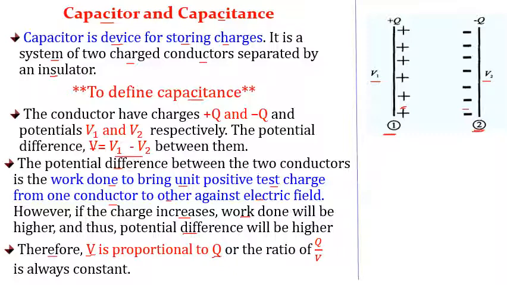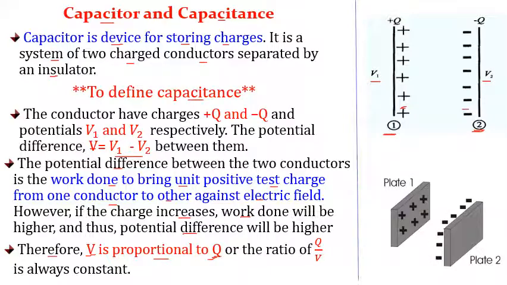This means V is proportional to Q, or we can say that Q upon V is always constant. Q is directly proportional to V. When we have to remove this proportionality sign, we have to introduce one constant, and this constant is C, where this C is called capacitance, which is the ratio of Q and V.